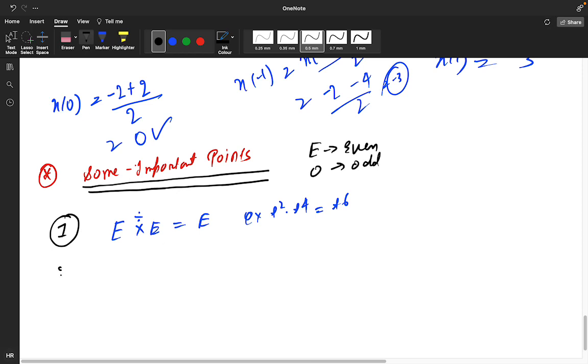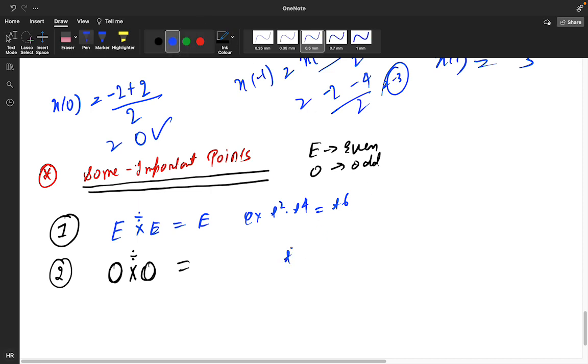Second one: if you are multiplying odd into odd, what will you get? Even or odd? Even.